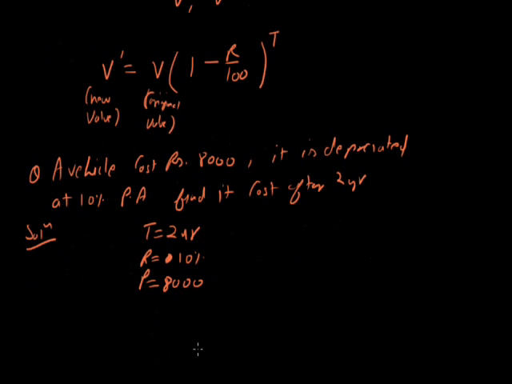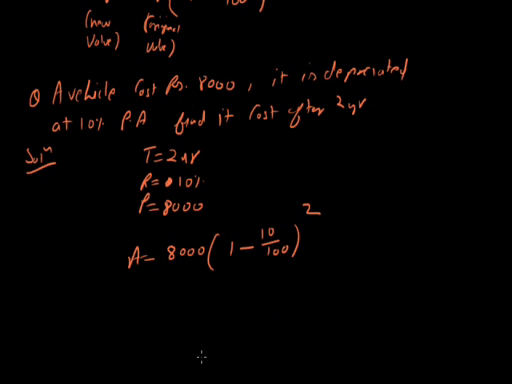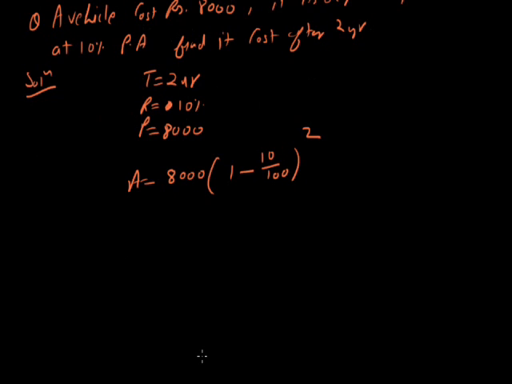Now we have to find the final value. Final value is nothing but the amount, or you can say simply the final value, that is A, becomes P times 1 minus R by 100 raised to the power t. So just there is a slight change: in place of plus R we have to write only minus R. So 8,000, we take 100 LCM, so 100 minus 10, the whole square.